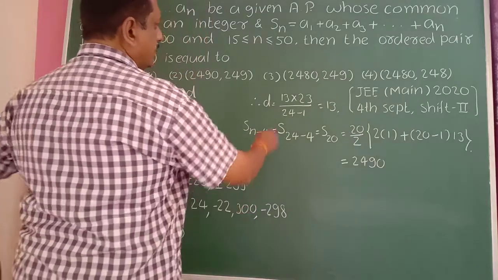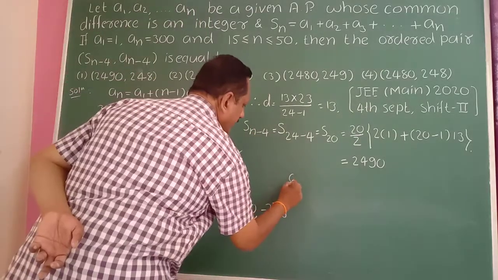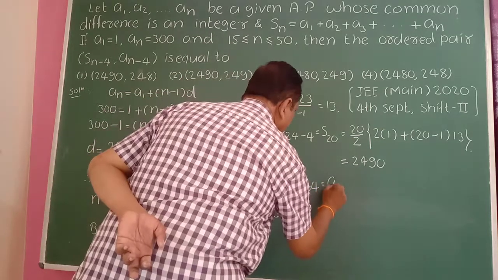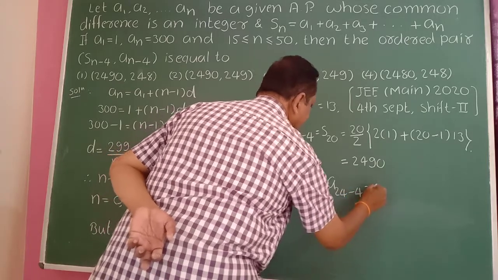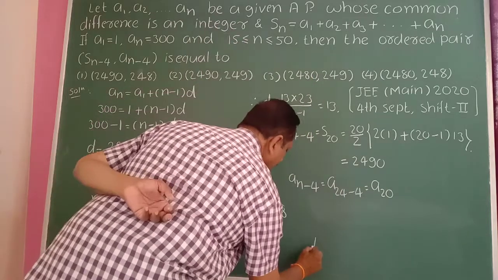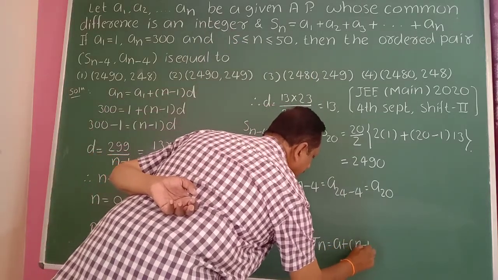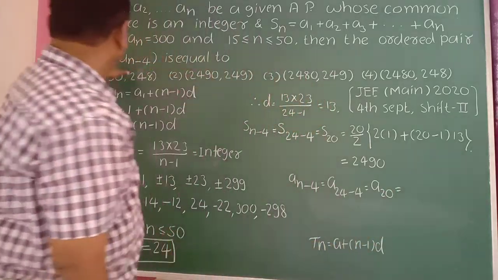Similarly, here find this one, a n minus 4 here. a n minus 4 is equal to a 24 minus 4 here. It gives a of 20. a 20. And you know this formula, Tn is equal to a plus n minus 1 into d. Therefore the first term is this 1 here.